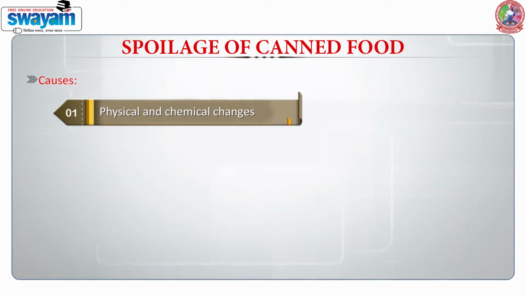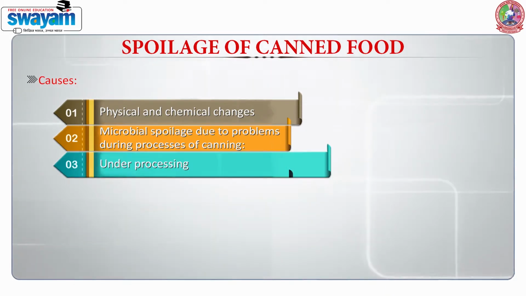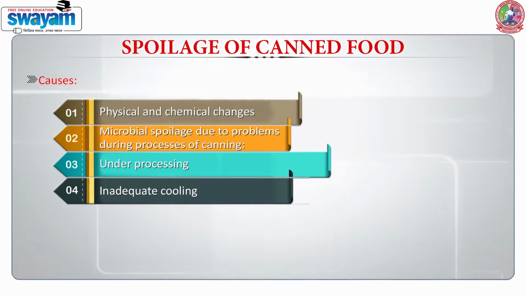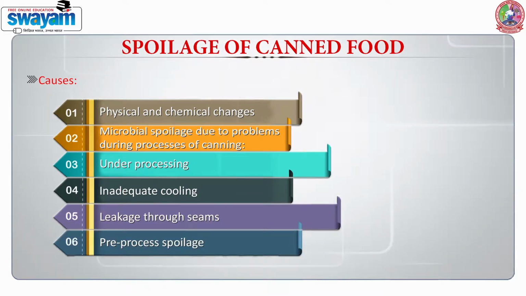Some of the spoilages are also caused by microbial agents, and these are a major problem during the processes of canning. Sometimes under-processing, inadequate cooling, leakage through the seams, and pre-processed spoilage are also responsible for the spoilage of canned food.